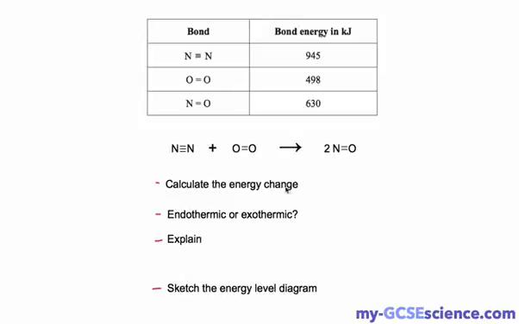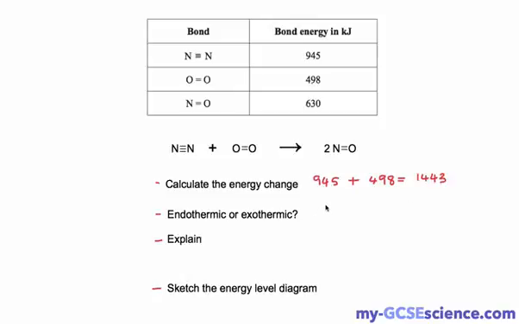So to calculate the energy change, we look at the nitrogen and the oxygen. The bond energy for the nitrogen is 945, and for the oxygen is 498, and that gives us an answer of 1443.